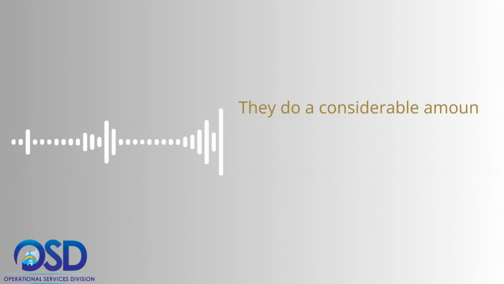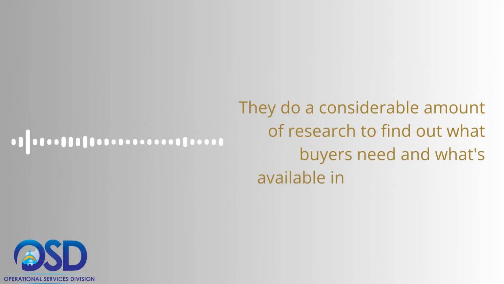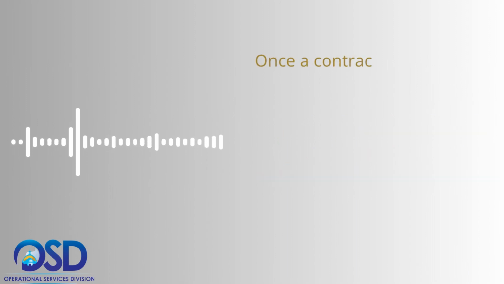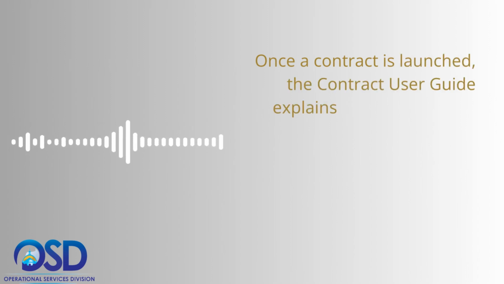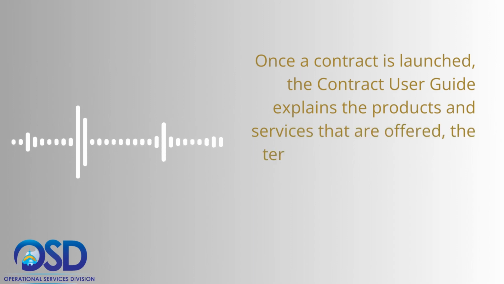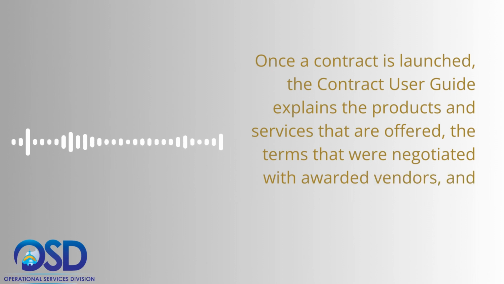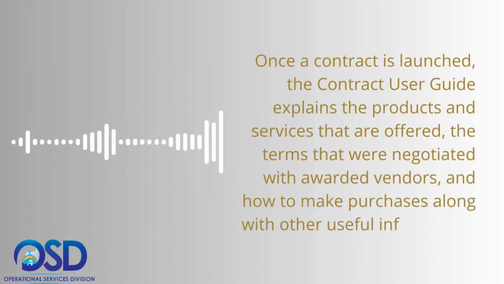They do a considerable amount of research to find out what buyers need and what's available in the marketplace. Once a contract is launched, the contract user guide explains the products and services that are offered, the terms that were negotiated with awarded vendors, and how to make purchases, along with other useful information.